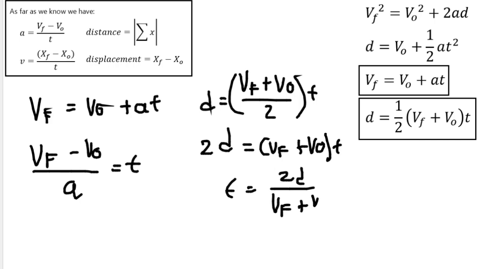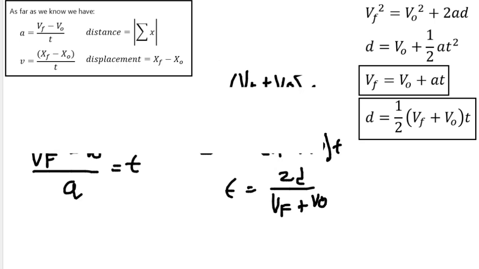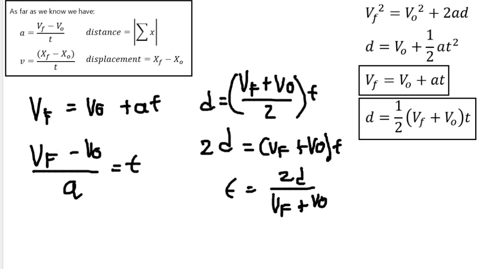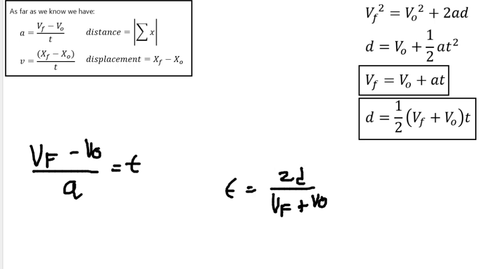So what we get is this thing. Now we can just set time and time equal together. I'm going to delete this one. You've got to save these equations because we're going to use them a lot in kinematics.